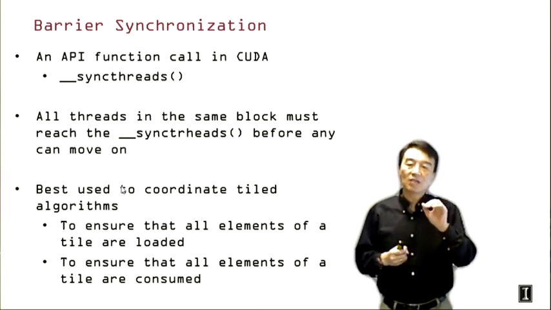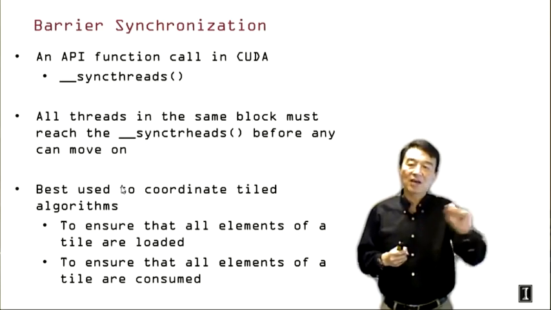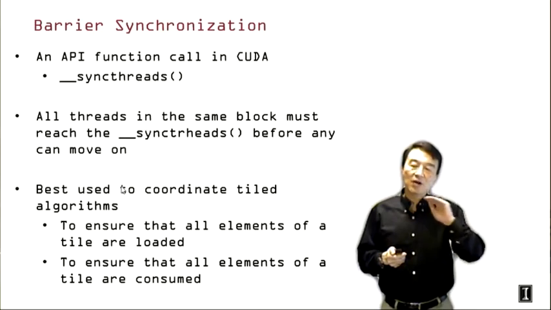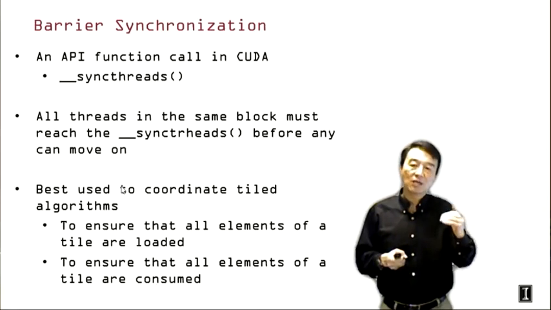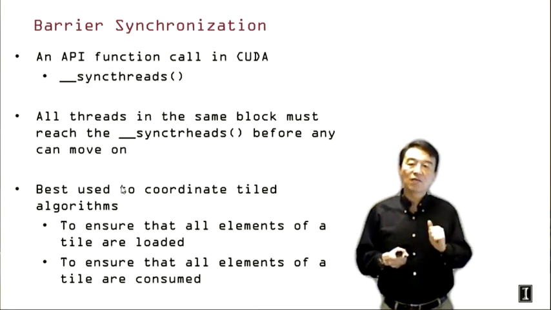So some of the threads may be delayed, and some of the threads may actually move ahead faster. So we use a barrier synchronization to make sure that even though each thread may take a different amount of time to load their elements, they have all finished loading the elements before any of them can begin to consume the data from the shared memory.